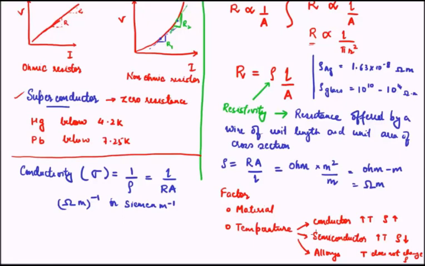Then if we want something with high melting point and high resistance, for example in the filament of a bulb, we want high resistance because it needs to heat up, energy needs to be lost to heat it up. And since it is heating up, it should not melt, so high melting point.